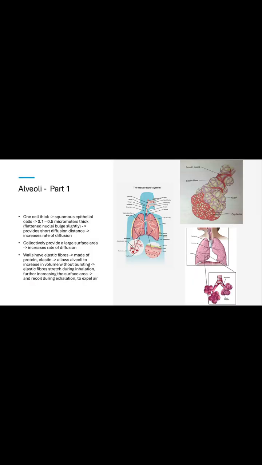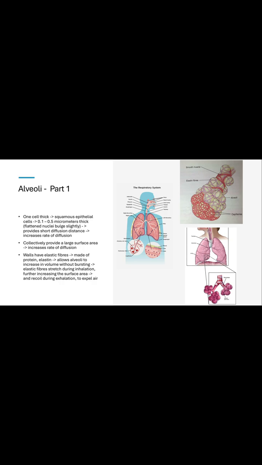Moving on to alveoli. Now I've split this amongst 3 slides because we have quite a lot to cover here. As you may have heard in IGCSE or GCSE, the alveoli have many different adaptations that help make gas exchange and the diffusion of the gases more efficient.